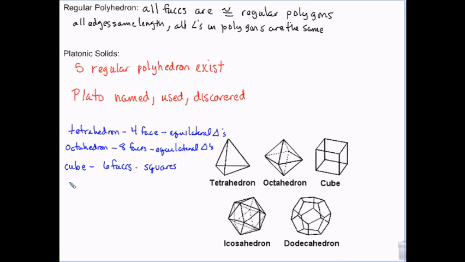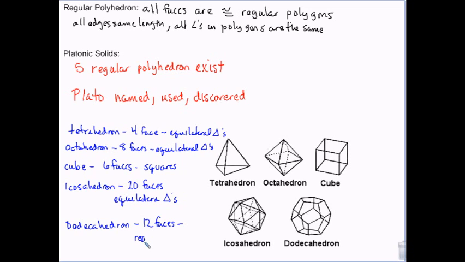You have the icosahedron, which has 20 faces, and they are equilateral triangles. And then the dodecahedron has 12 faces, and they are all regular pentagons.